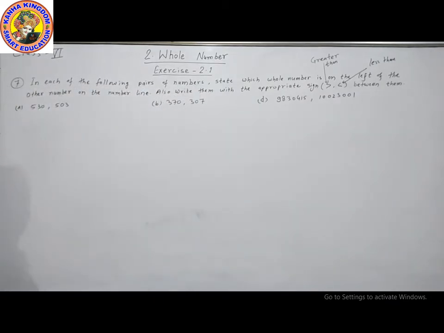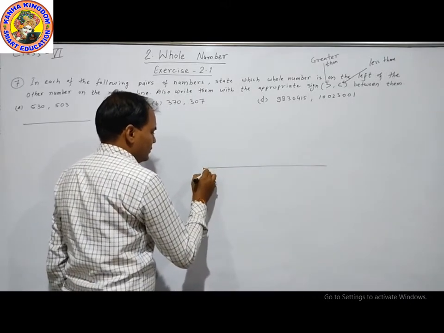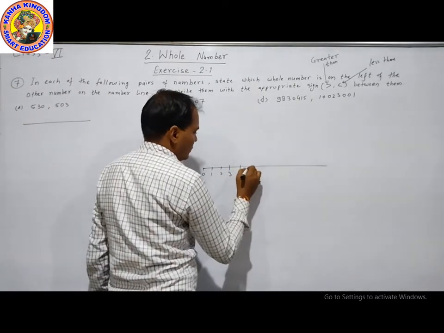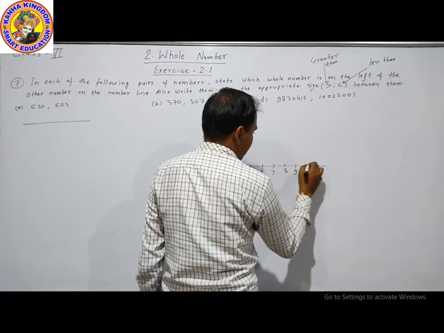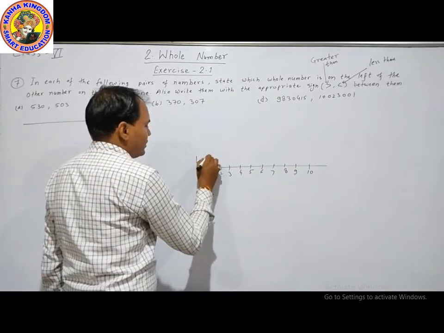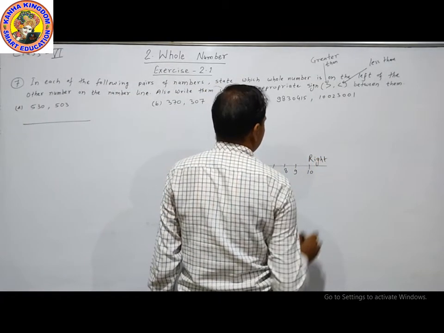Now taking the question. This is our number line: 0, 1, 2, 3, 4, 5, 6, 7, 8, 9, 10. This is our left side and this is our right side.